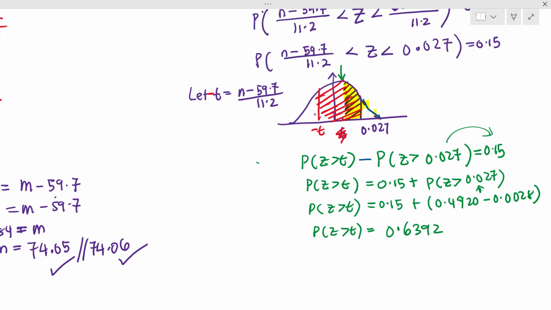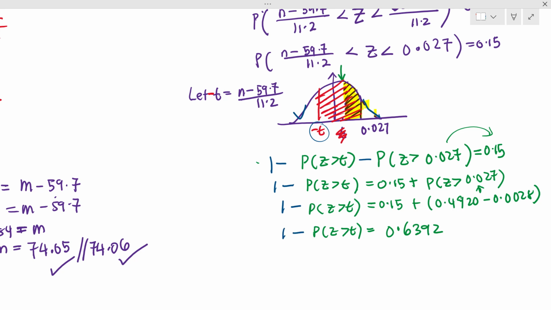That means 1 minus probability z greater than t. Of course, this part I can read, and when I reflect it, I get z greater than t, and z greater than 0.027, I get 0.15. This part is correct. So this 1 minus you just maintain until here.